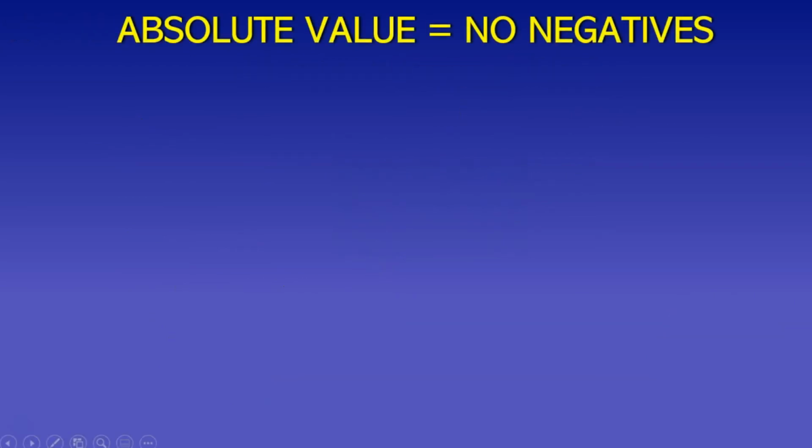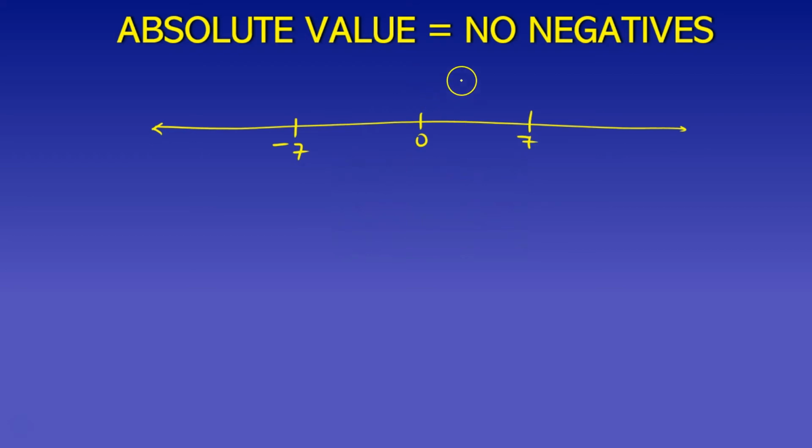As I was telling you guys, the absolute value means no negatives, and is usually expressed in the number line, as you can see in the video I did on it, as the distance between 0 and that number. So for example, if we have 7 and minus 7, the distance between 0 and 7 and the distance between 0 and minus 7 is going to be the same, 7 in both cases.